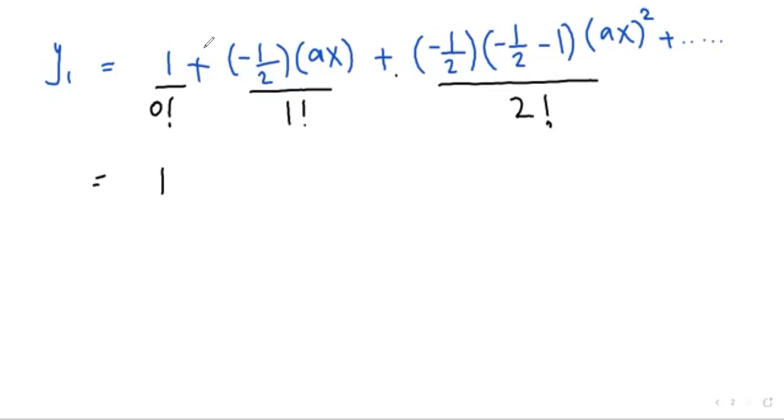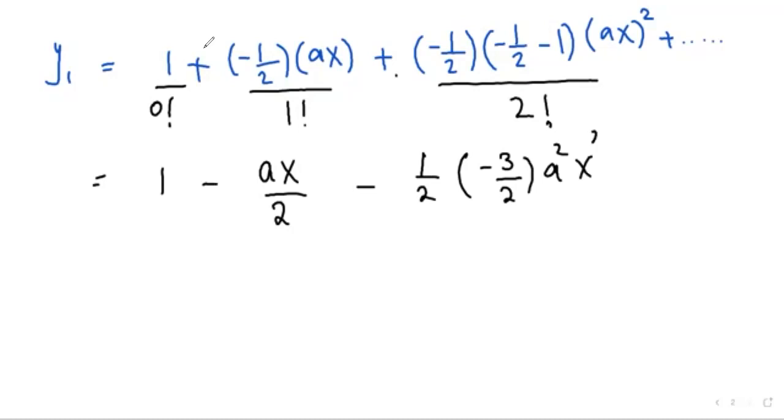So it would become 1 minus ax over 2, minus half times minus 3 over 2 times a square x square over 2 factorial, which is also 2, so I can write it like this.